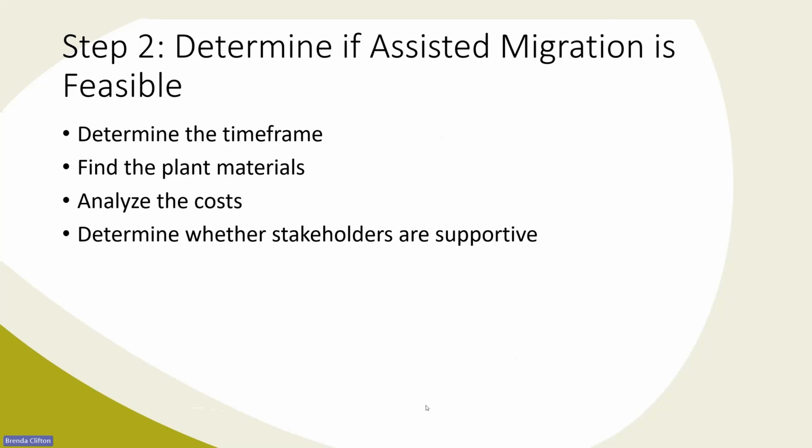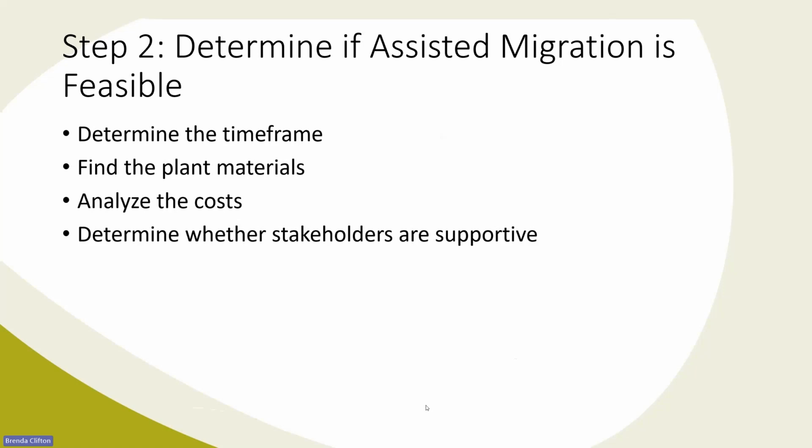And it may be really hard to find a nursery if you don't bring up seeds where you can buy the seedlings from the seed zone that you'd like. Also look at the costs. Moving plants around, making sure they are disease free, and monitoring your projects is all going to cost money. So make sure that's in your budget.